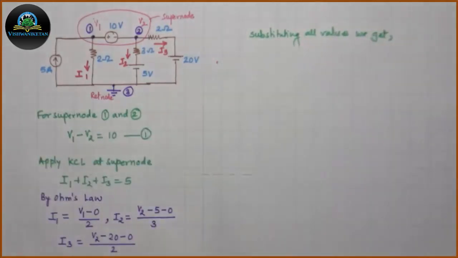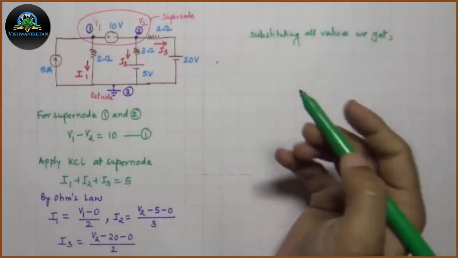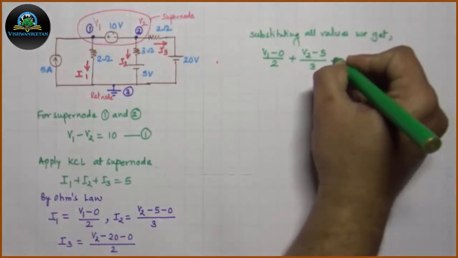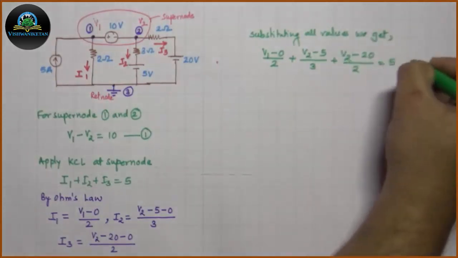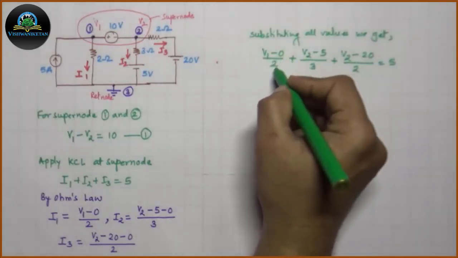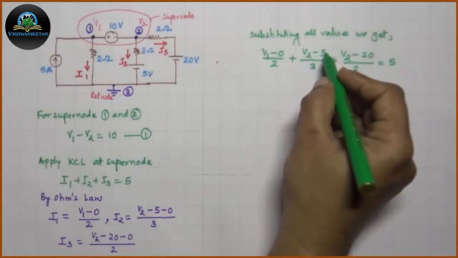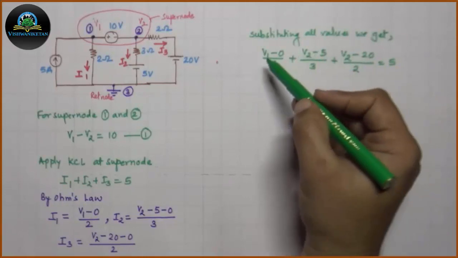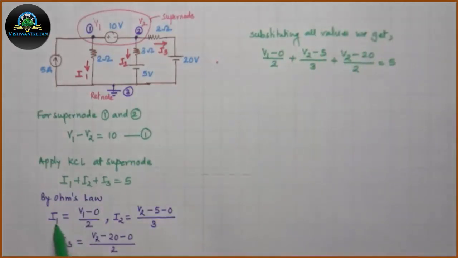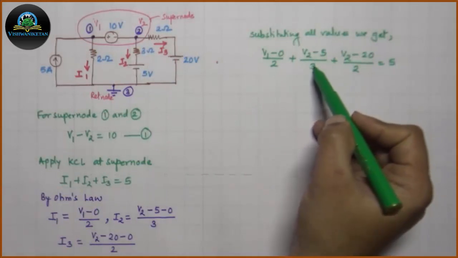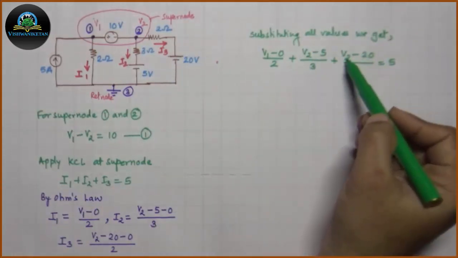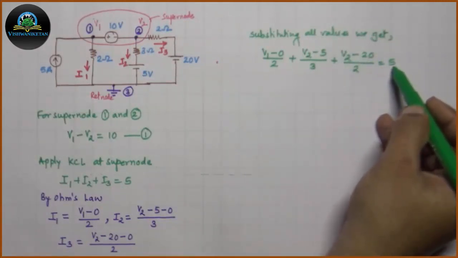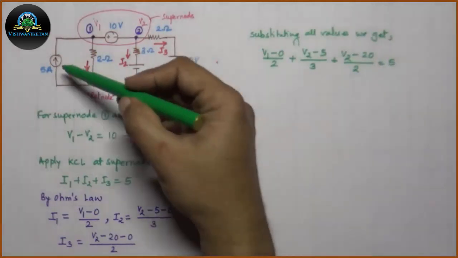Substituting all values, we get V1 minus 0 by 2 plus V2 minus 5 by 3 plus V2 minus 20 by 2 is equal to 5, where V1 minus 0 by 2 is I1, V2 minus 5 by 3 is I2 and V2 minus 20 by 2 is I3, which is equal to 5, that is our incoming current 5 ampere.